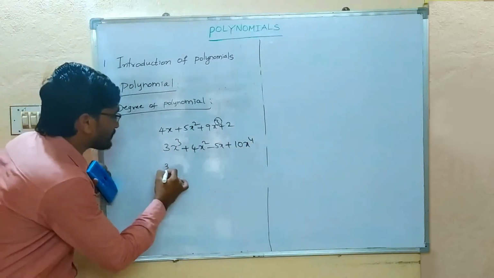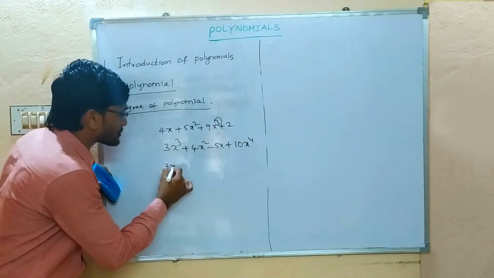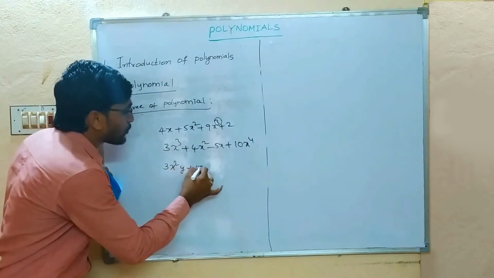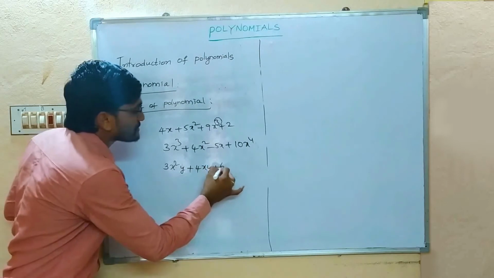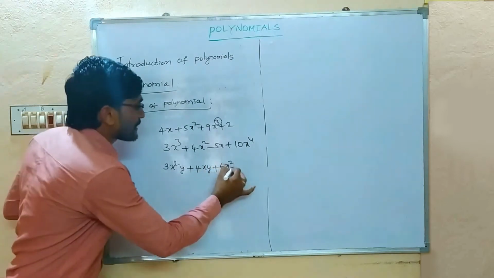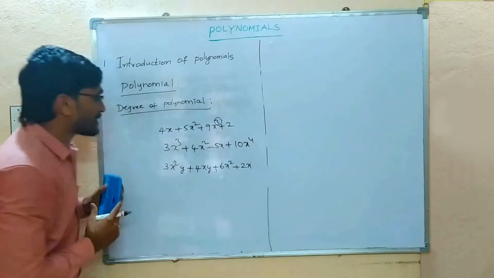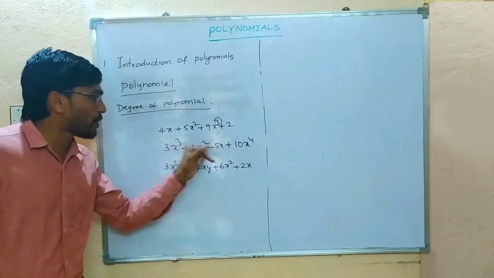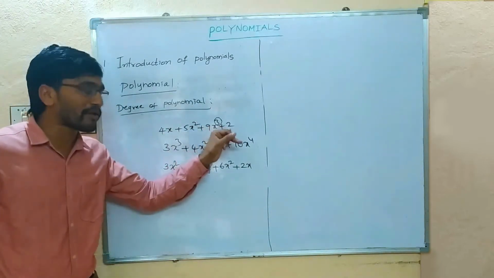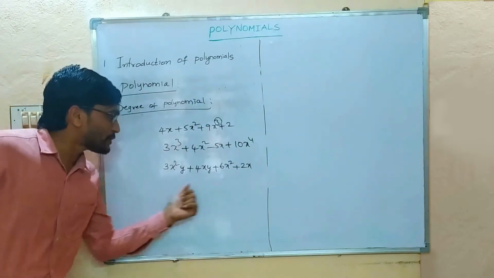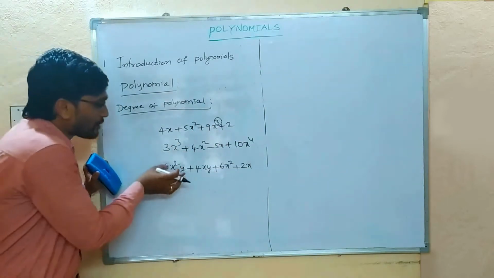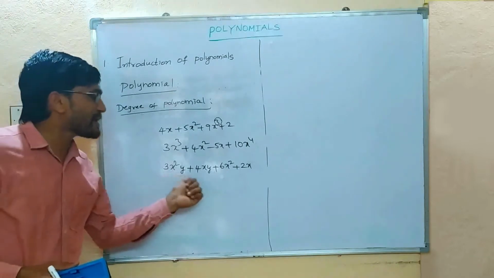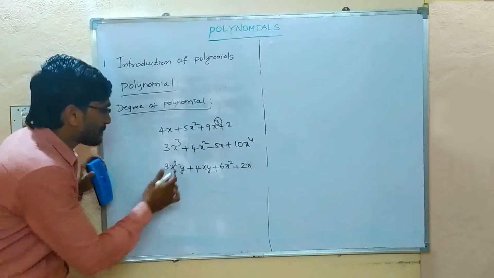Suppose they have given 2 or more variables: 3x square y plus 4x y plus 6x square plus 2x. This is a polynomial in 2 variables, while the earlier ones were polynomials in 1 variable. For this, what is the degree? How to calculate the degree for each monomial?